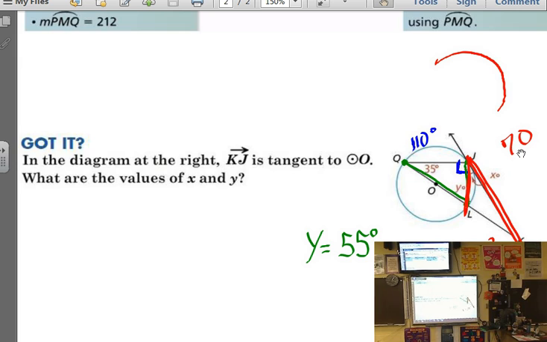If it's acute, then our arc is made from the vertex and the intersection. If it's obtuse, it's still made from the arc and the intersection. This arc right here is really small in this one, but we know it is 70 because of this 35. So because that arc is 70, we know the angle in there has to be half that.